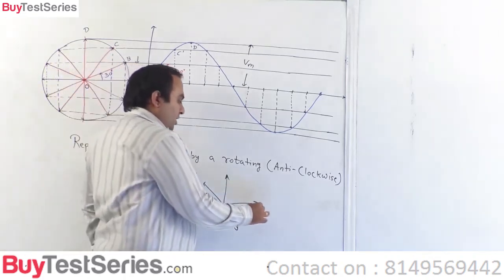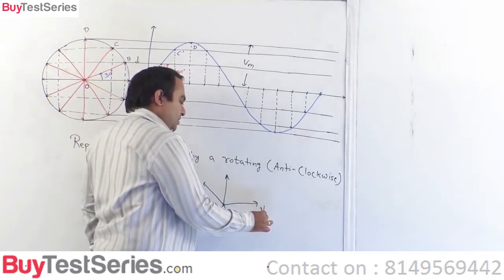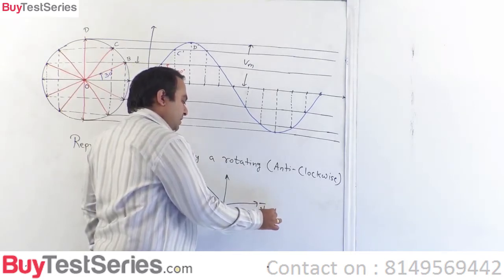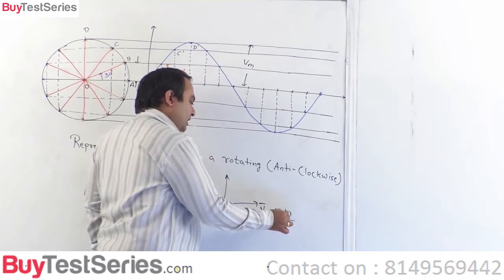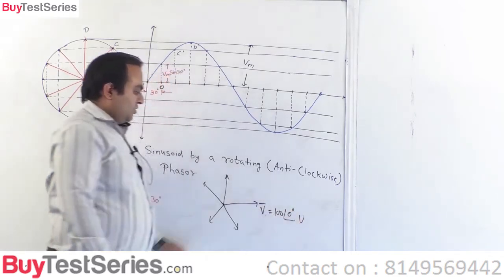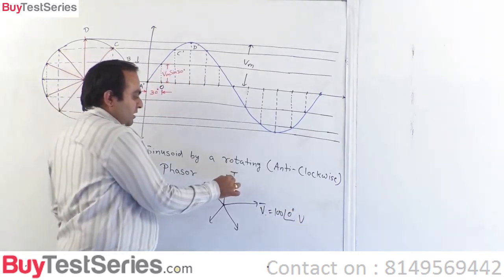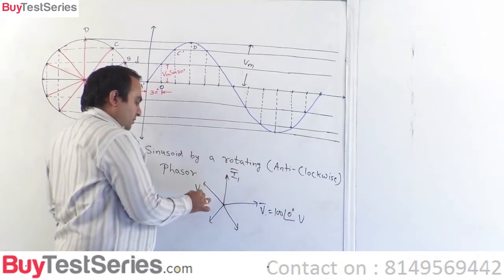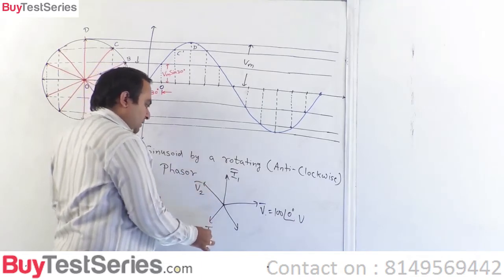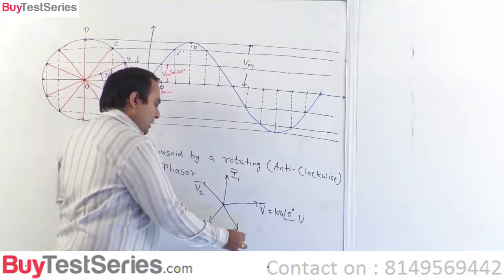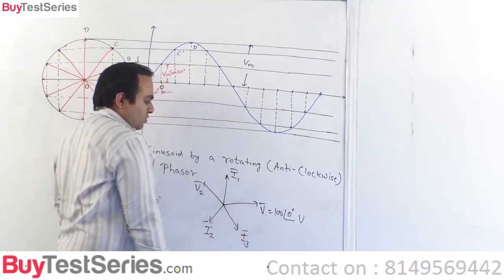So this is, say, some voltage which has the value 100 angle 0 degree volts, and with respect to this we measure other phasors I1, I2, I3 and so on.